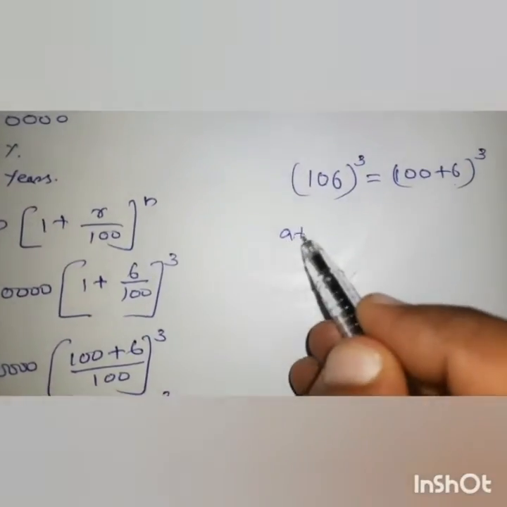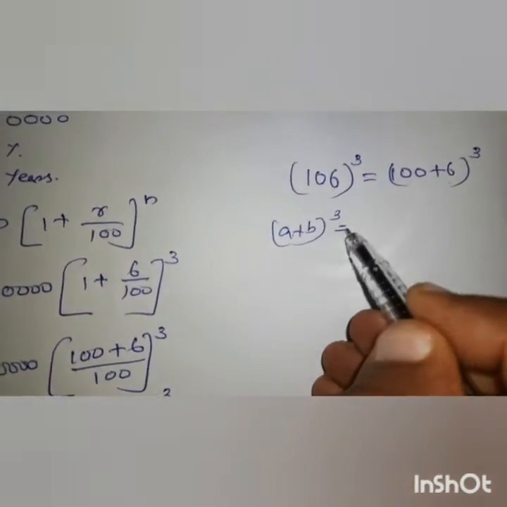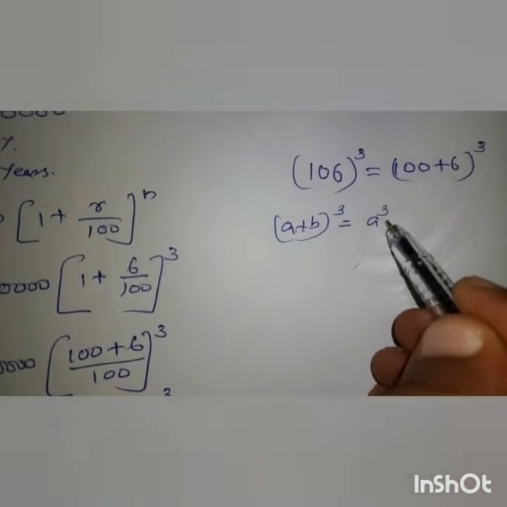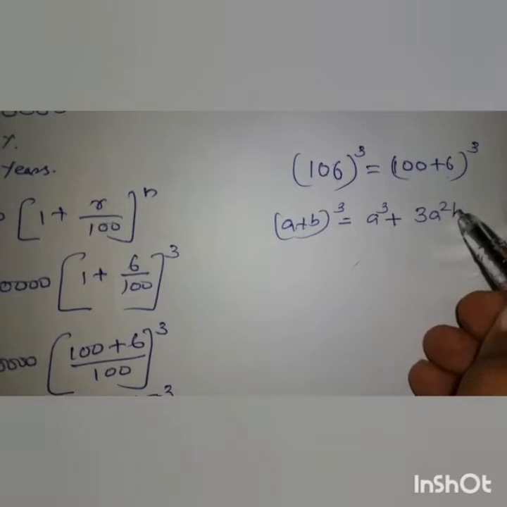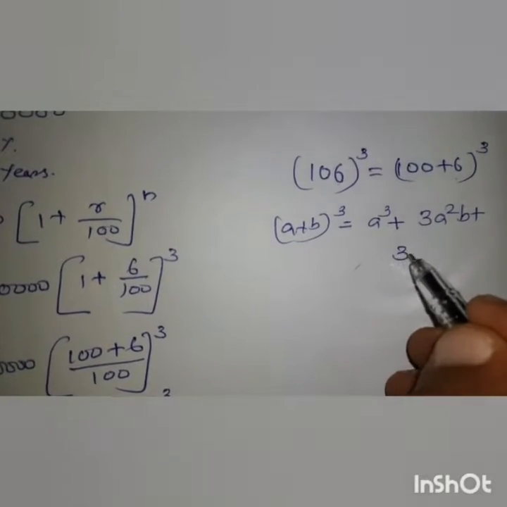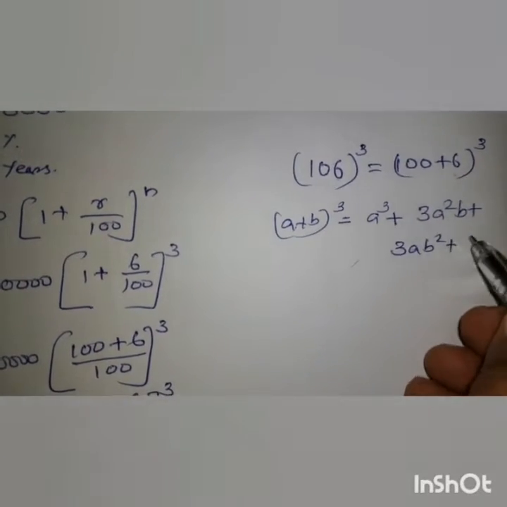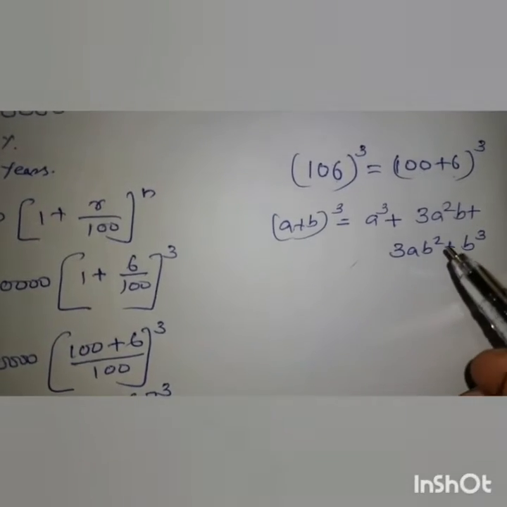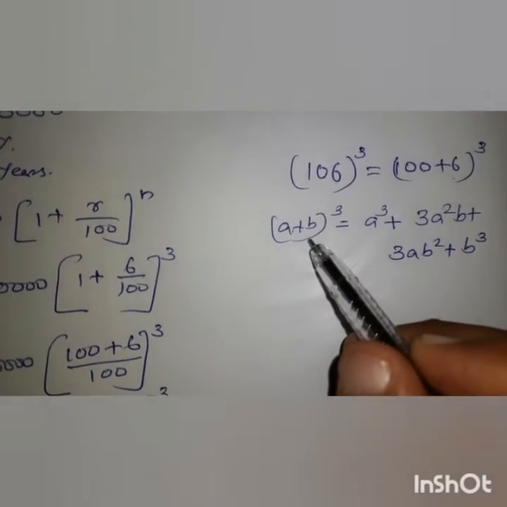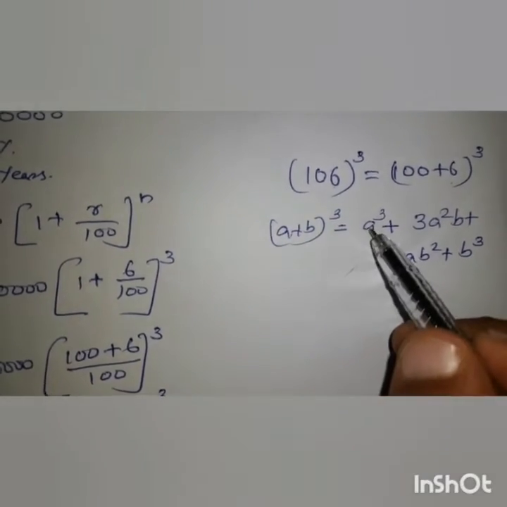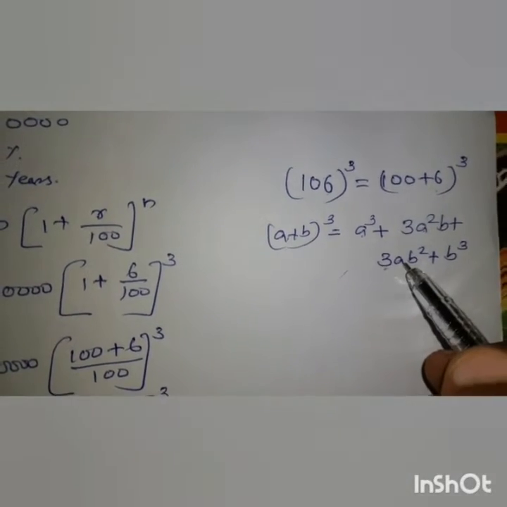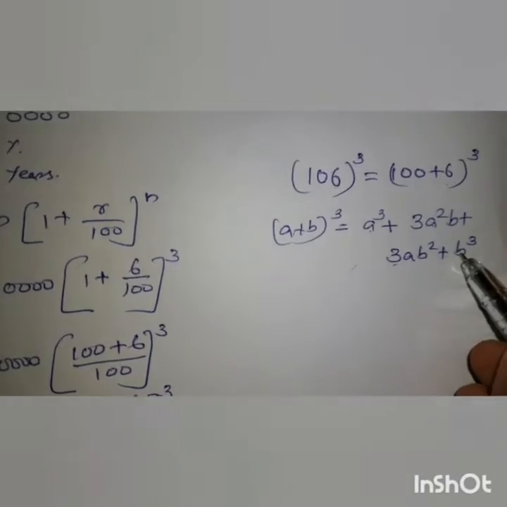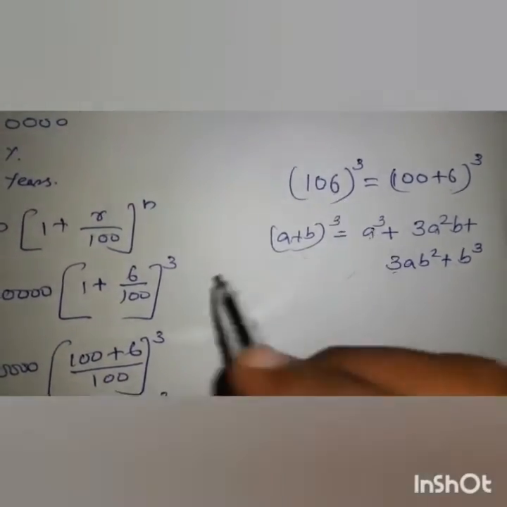That is, a plus b whole cube is equal to a cube plus 3a square b plus 3ab square plus b cube. Otherwise you have to use this identity. So using this identity you have to expand it.